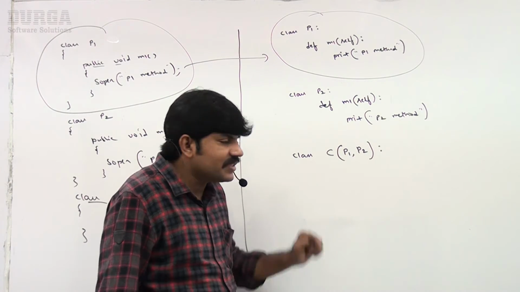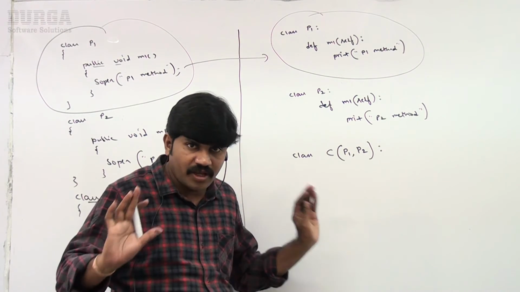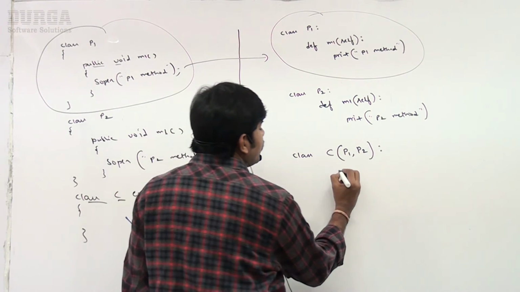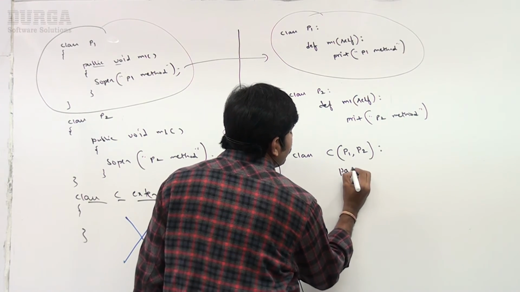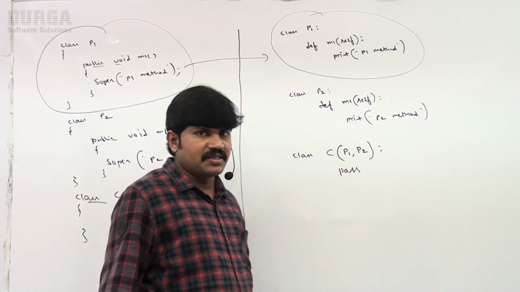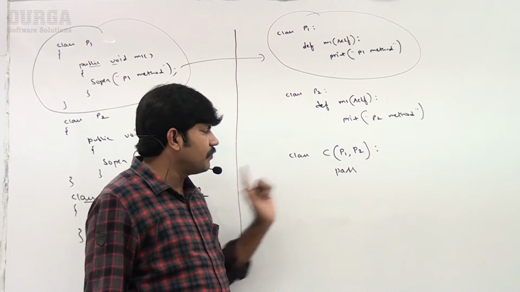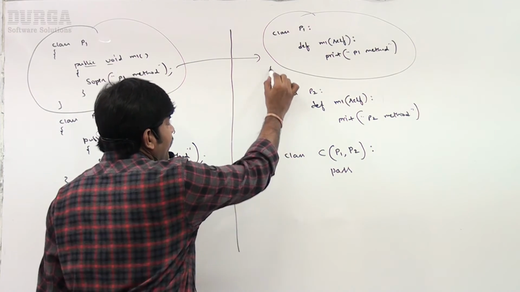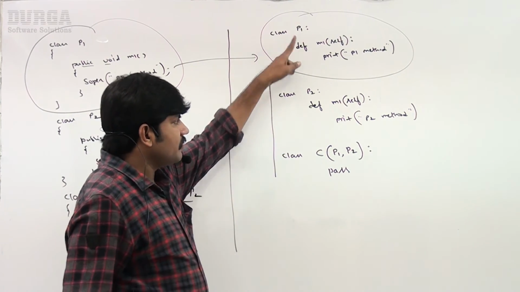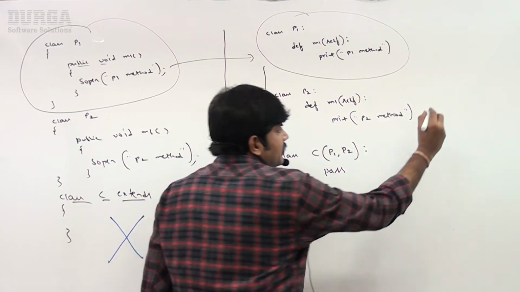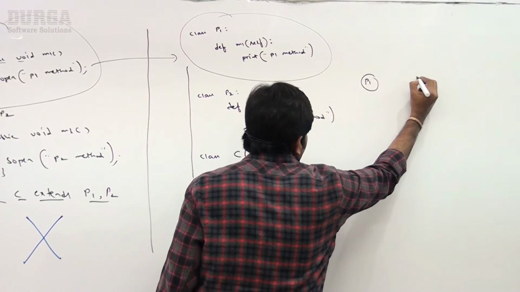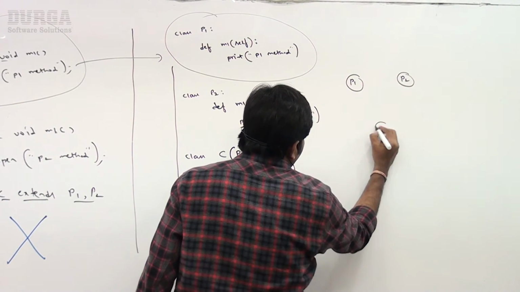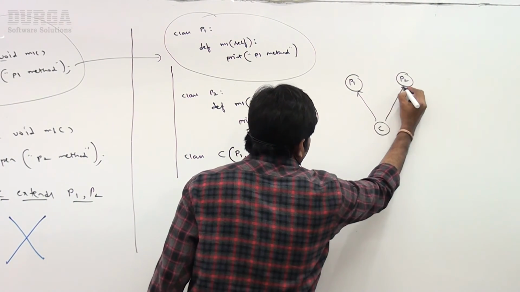P1. What is the second parent? P2. I don't want to put any code in the child class, so it is empty, just like curly braces open and close. That's all, three classes completed: P1, P2, and then C. P1 is the first parent, P2 next, and after that C.